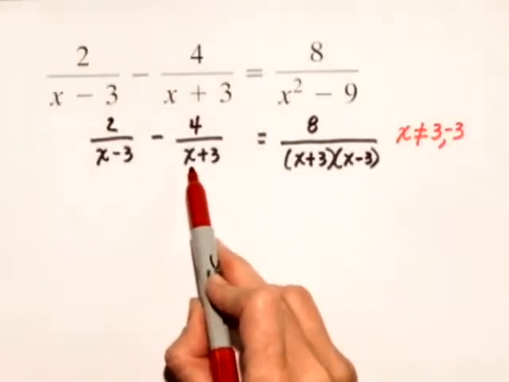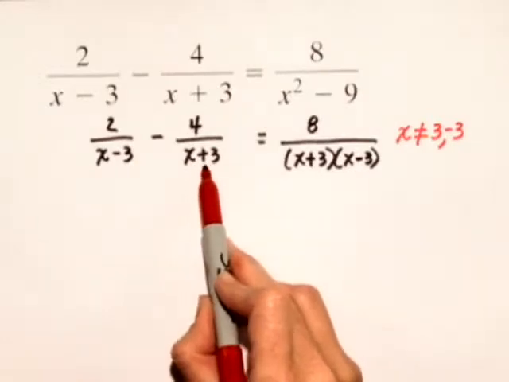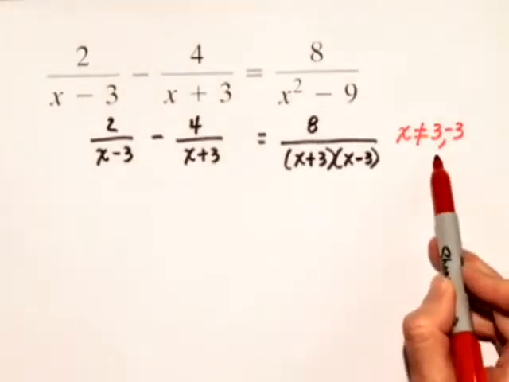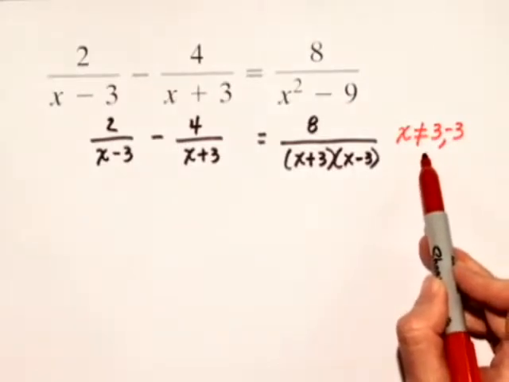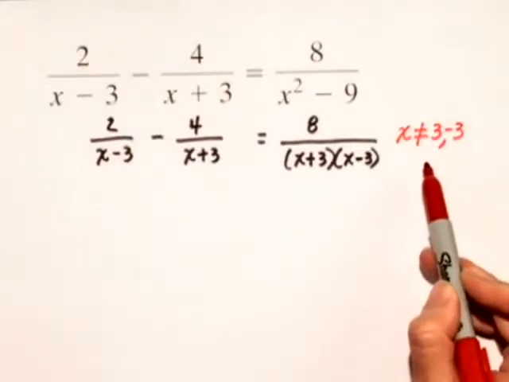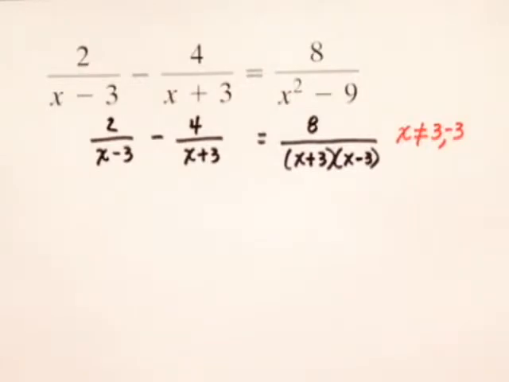And in the second fraction, if we substitute negative 3 for x, that would again give us 0 in the denominator. So it's a good idea to keep in mind what your restricted values are, remembering that 3 or negative 3 in this case cannot be part of the solution set. Now let's get on to solving the equation.